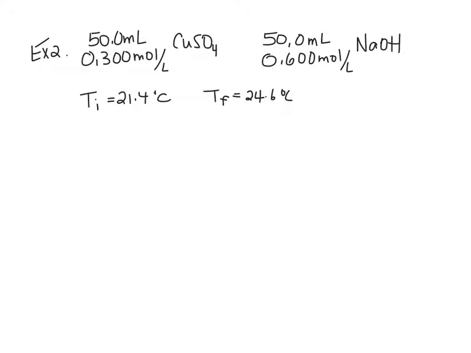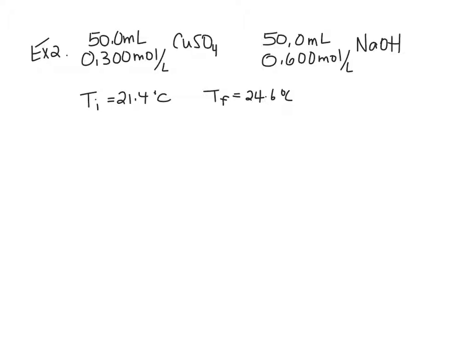Okay, example number 2 deals with the second type of calorimetry question. 50 milliliters of a 0.3 molar solution of copper 2 sulfate is mixed with an equal volume of 0.6 molar solution sodium hydroxide.